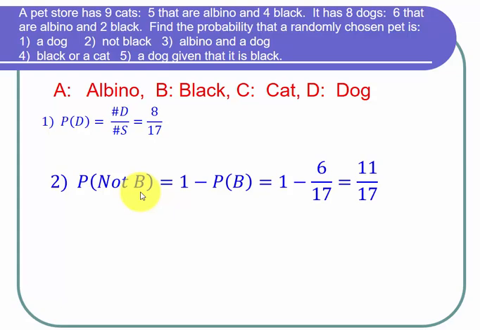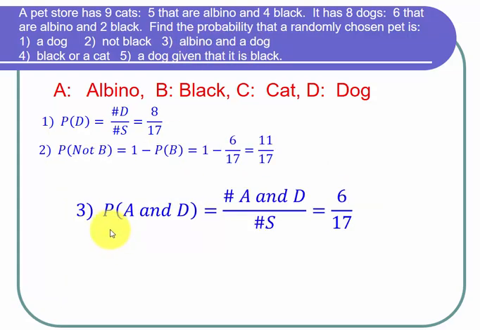So now let's move on to number 3. And that is find the probability the pet is albino and a dog. So to find the probability of A and D, albino and a dog, that's equal to, by definition, the number in A and D divided by the number in S. So now we just count how many are albino dogs.